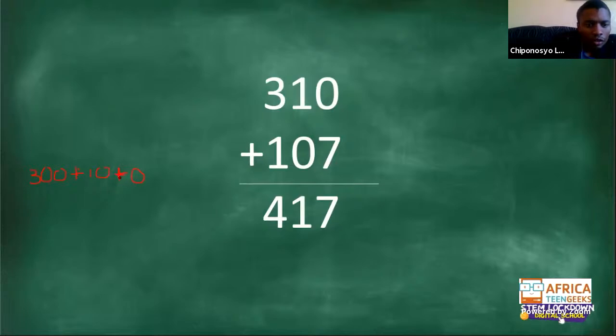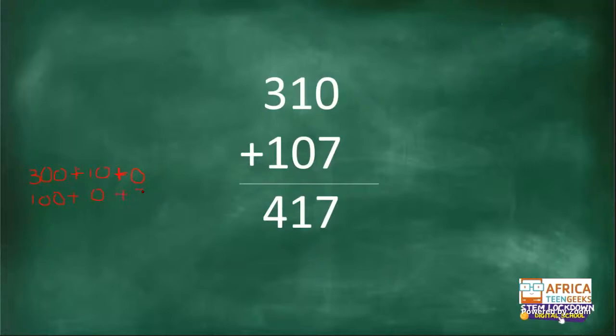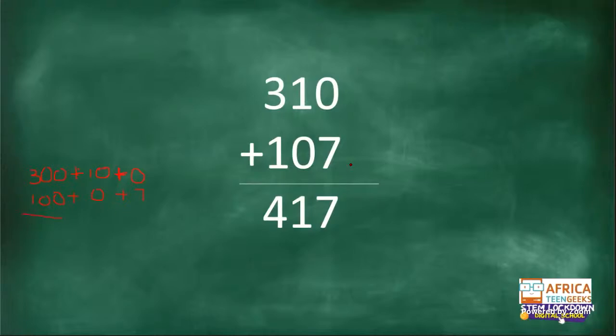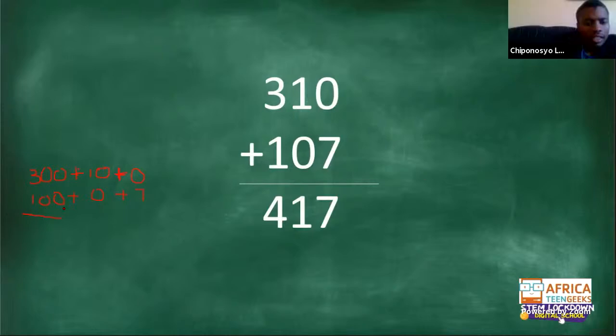Then you go to the next one, which is 100 plus 0 plus 7. Then you add everything together. You add the 0 with the 7, you get 7.